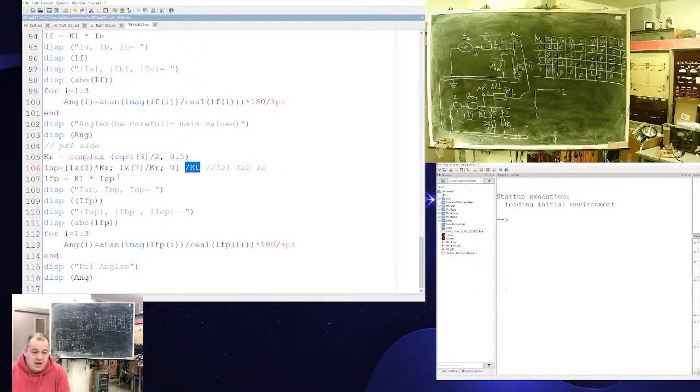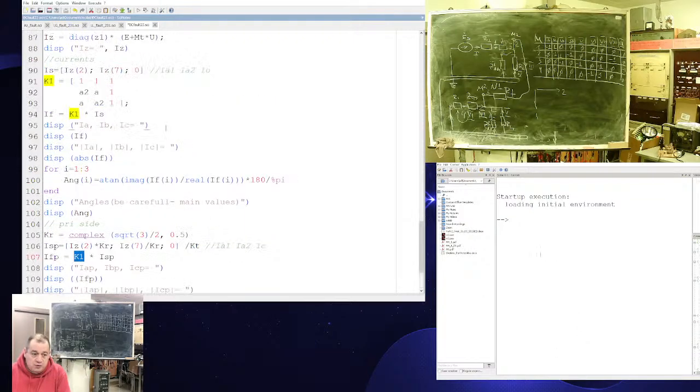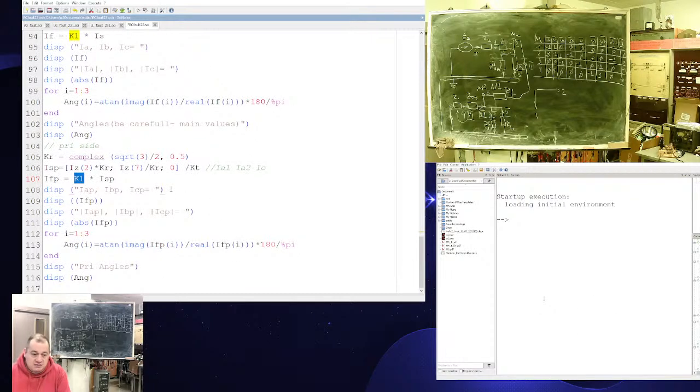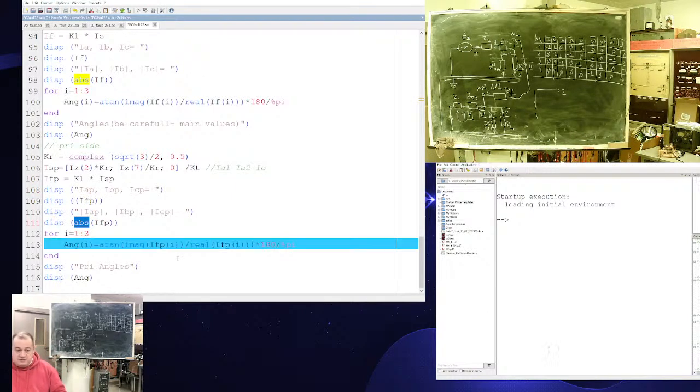And the next step, I perform the reverse Fortescue transform. This is the reverse Fortescue transform matrix. So I will get phasors, and for measurement I take absolute values to get magnitudes of current vectors.